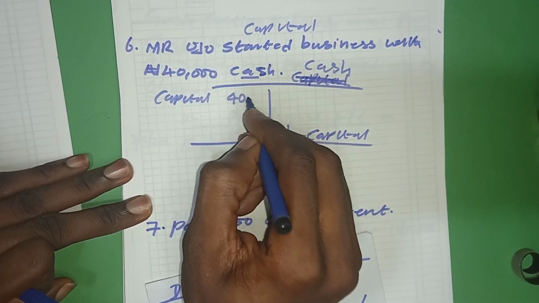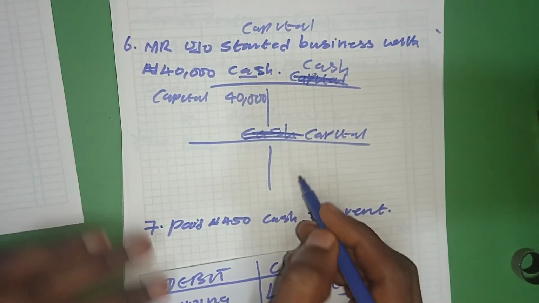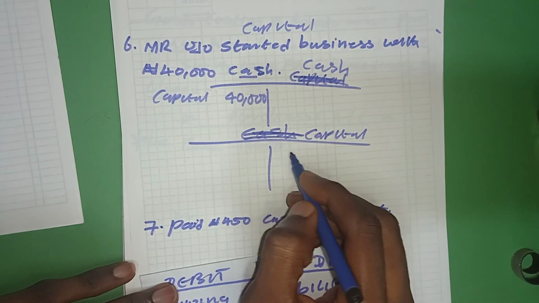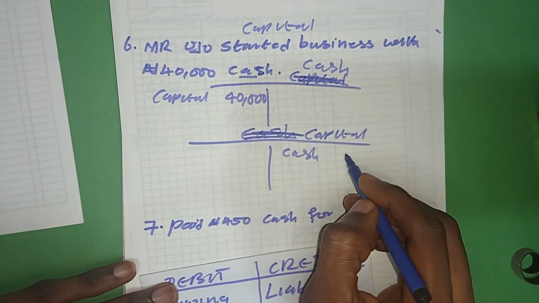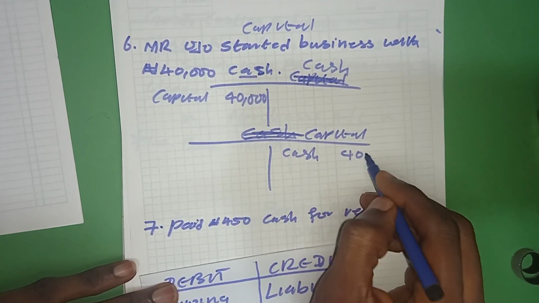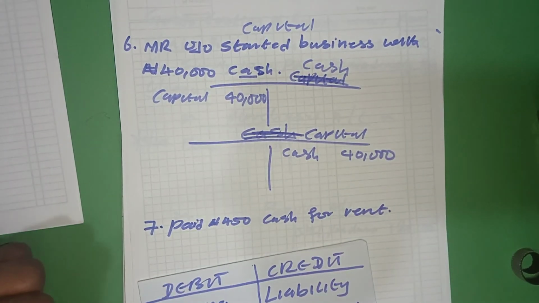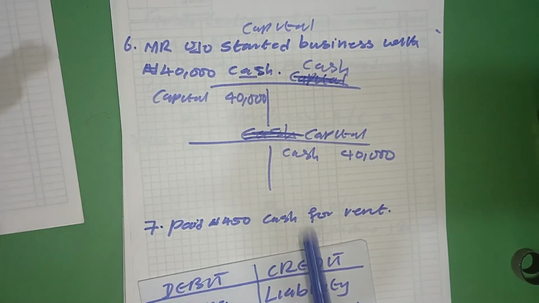Capital 40,000. Under capital, cash 40,000. In this case, you debit your cash and you credit your capital. Is that okay?